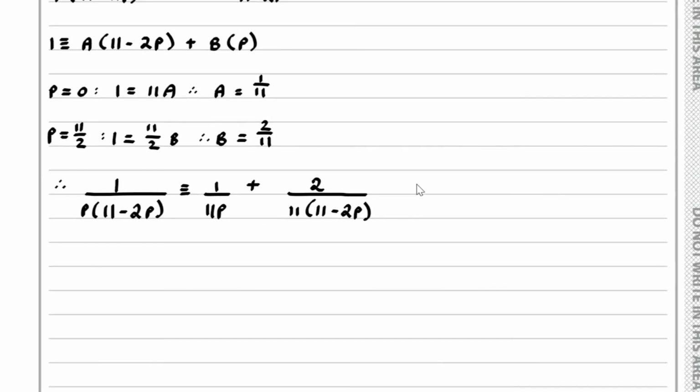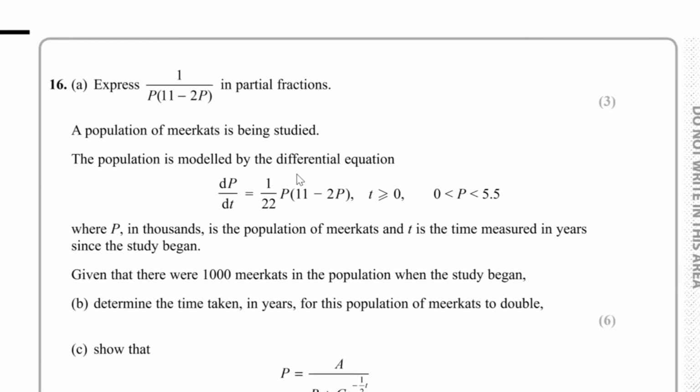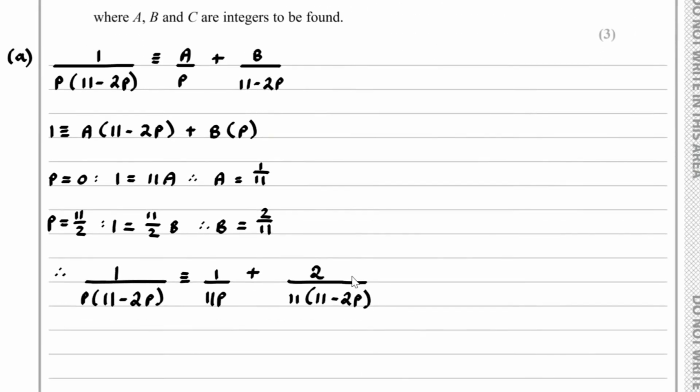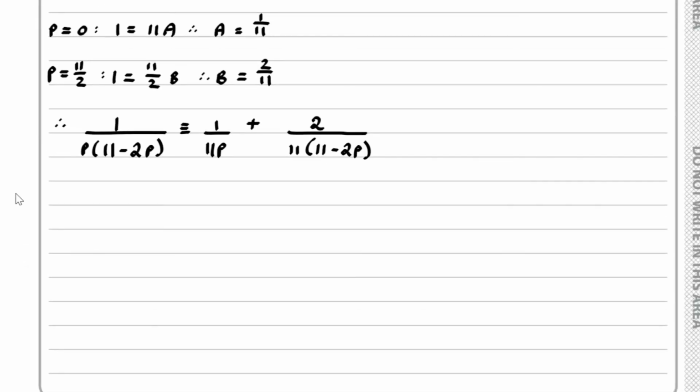So, what we need to do is separate the variables here. And if we separate the variables for part B, we've got the integral of 22 over p lots of 11 minus 2p dp equals the integral of dt.